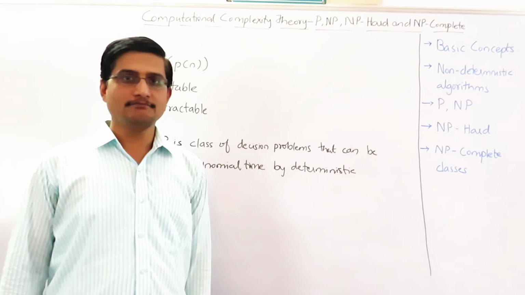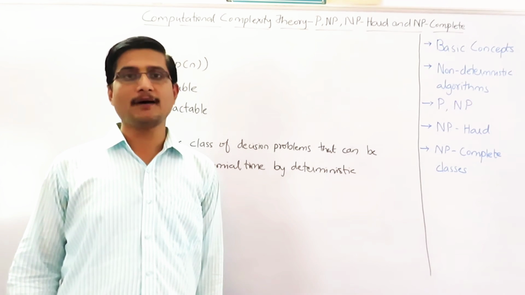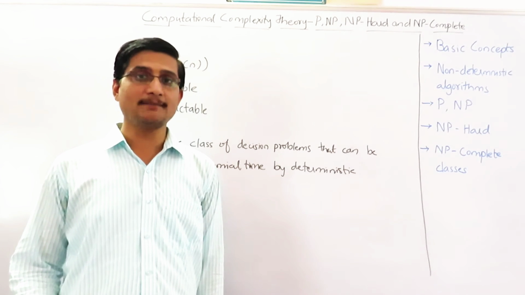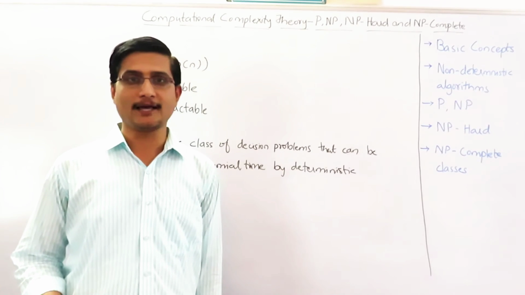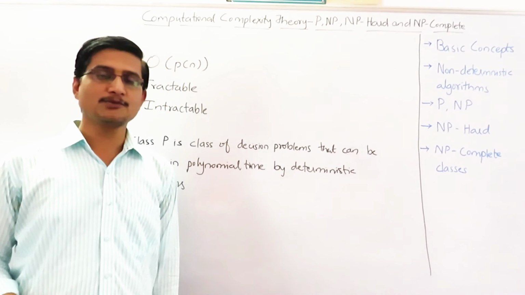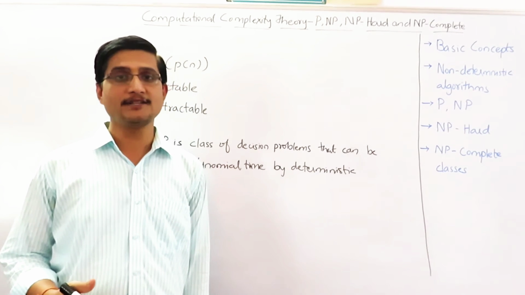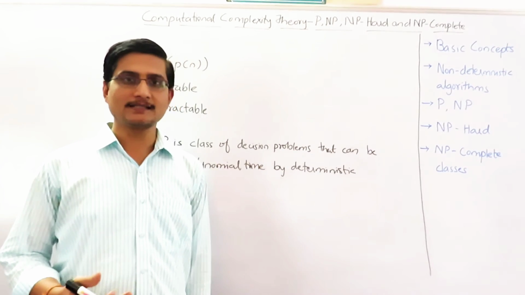There are many problems which cannot be solved by algorithms. There are some problems which can be solved by algorithms, but not in polynomial time. There are some problems which can be solved in polynomial time, but the lower bound efficiency is limited. There are many reasons like that.